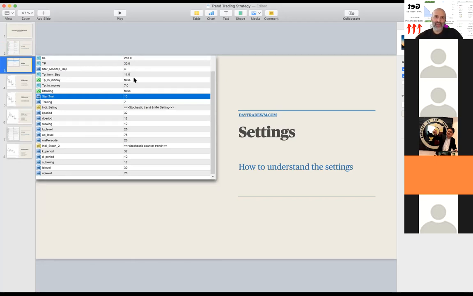So it will calculate what the break even is, and based on the number you put here, TP from break even point, it will set the target on that one. So let's say you have 4 open trades. It will look where the break even level is, and it will add 11 pips on it. This is in pips, okay, not in dollars. So it will add 11 pips to that number.